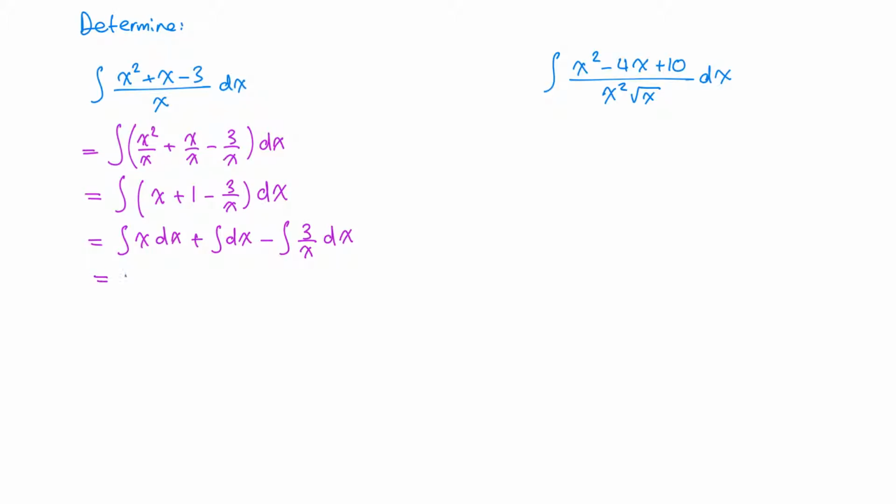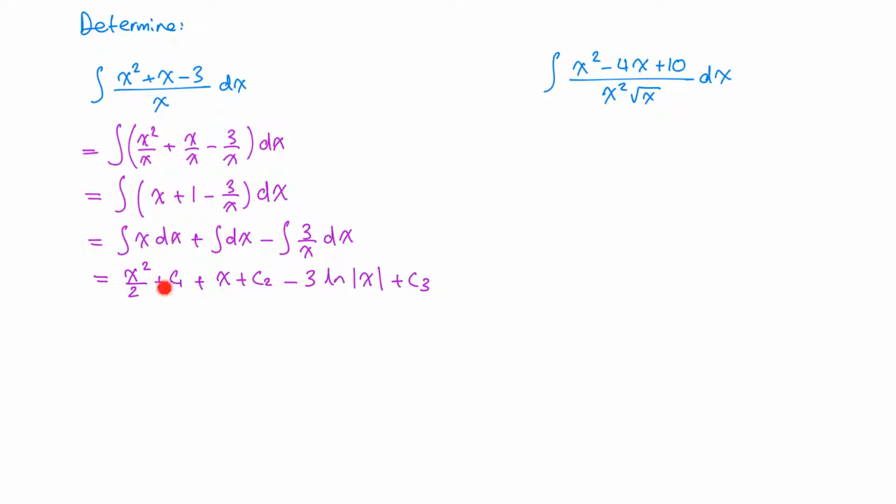Once I have this, I get x squared over 2 plus c1 plus x plus c2 minus, and I should have taken 3 out of the integral sign before, but I will do that now, and I get 3 ln of x plus c3.